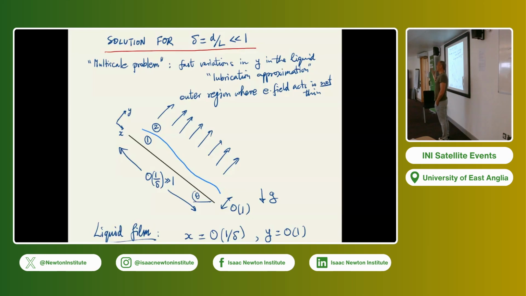So let's try and set up the asymptotic problem. Now, what I did is I chose to non-dimensionalize everything with the thickness. So the scale in the vertical direction is of order 1, because I chose that thickness to be my length scale.